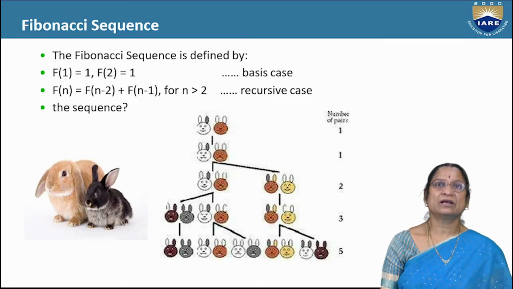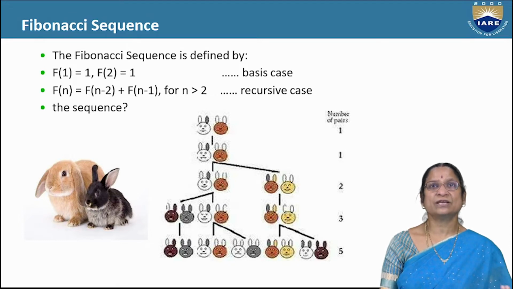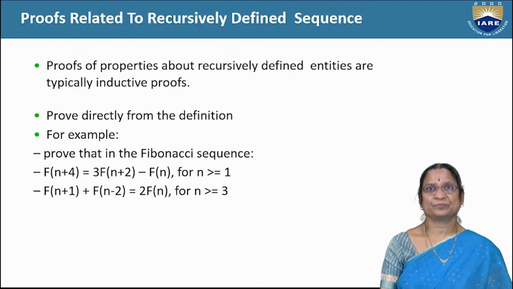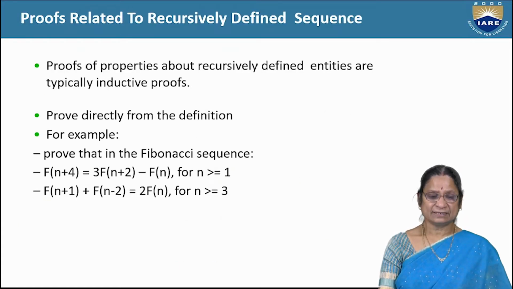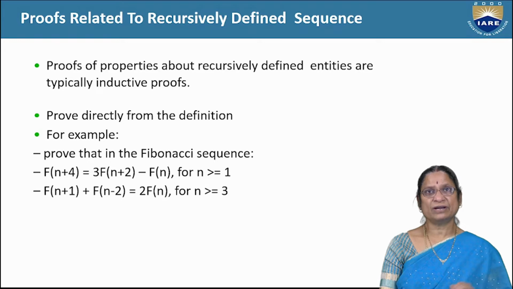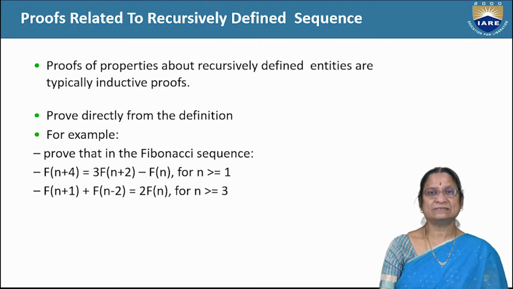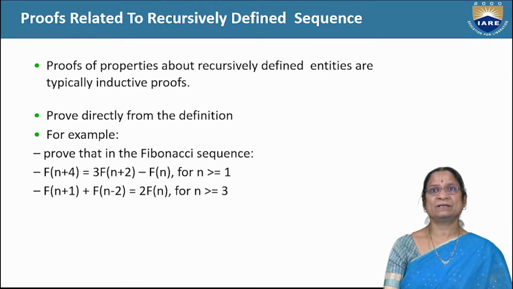When I come to f of 3, f of 1 and f of 2 are available to me, and I reversely calculate the values. That means recursively defined functions, equations or sequences are solved based upon the base condition.